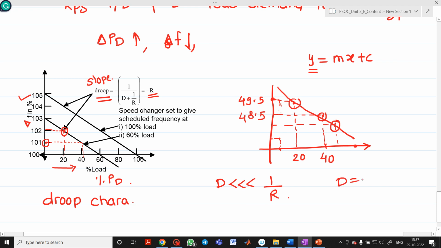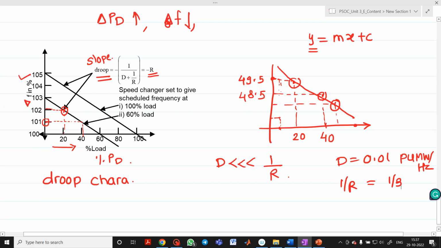Typically D has a value of 0.01 per unit megawatt hertz, and the regulation is generally 1 by 3. So as D is very small, I can neglect it. So I can write -1 upon 1 by R, which becomes minus R. That's why we got this as minus R.